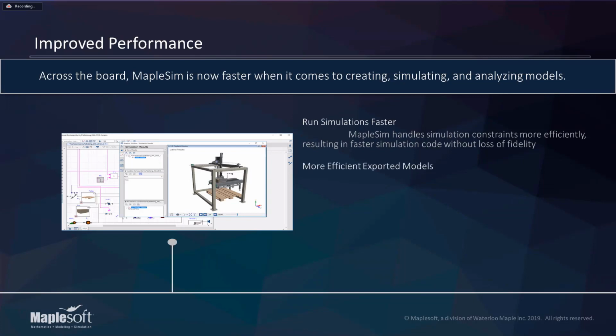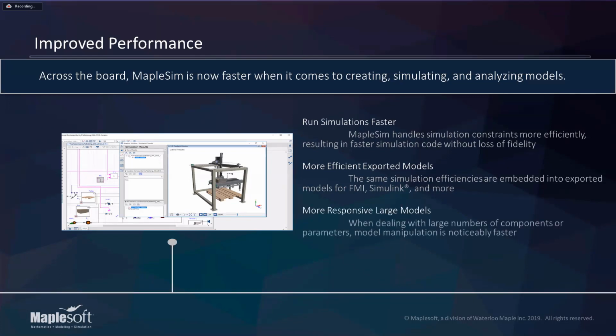We can have more efficient exported models, so the same simulation efficiencies that allow us to run it quicker in MapleSim are also embedded into our exported models through FMI, Simulink, as well as our C code and other options. It's also more responsive to large models, so when you're dealing with a large number of components or parameters, model manipulation, that's interacting with your model on the canvas and adding components via the user interface, is going to be noticeably faster.